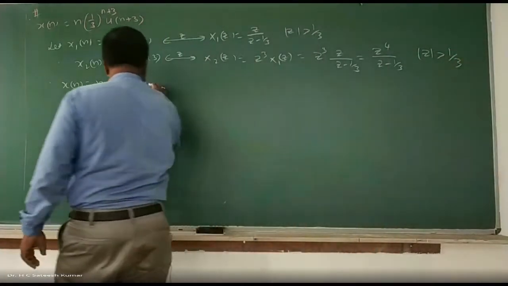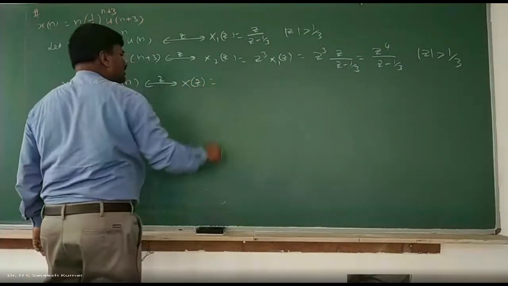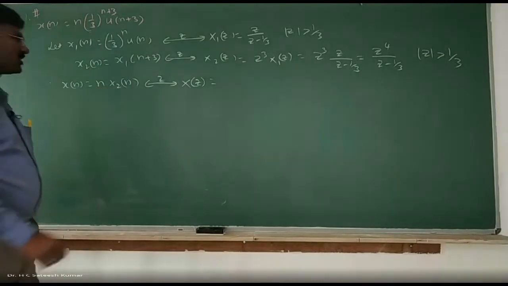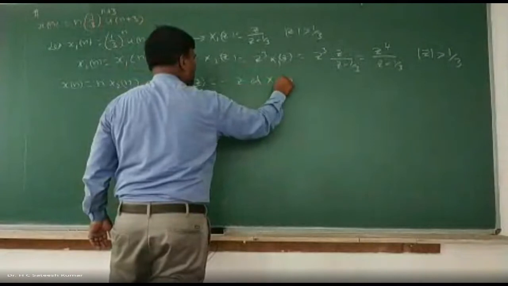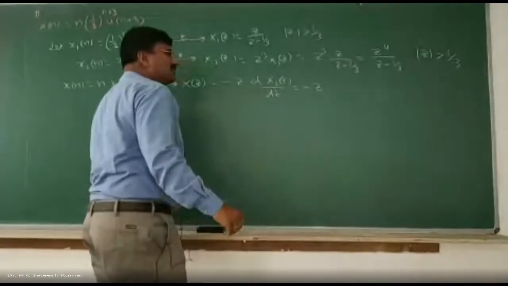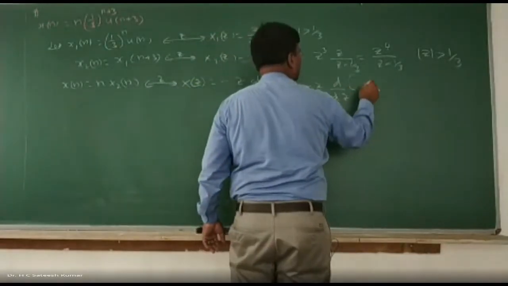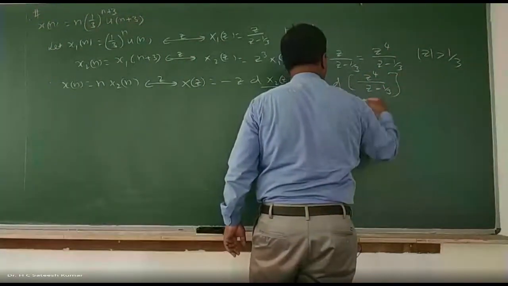Next, z transformation of this one, x of z is equal to, okay, n into x2 of n, differential property, minus z into dx2 of z divided by dz, which is equal to minus z into d by dz of x2 of z, which is z to the power of 4 divided by z minus 1 by 3. Okay, right.